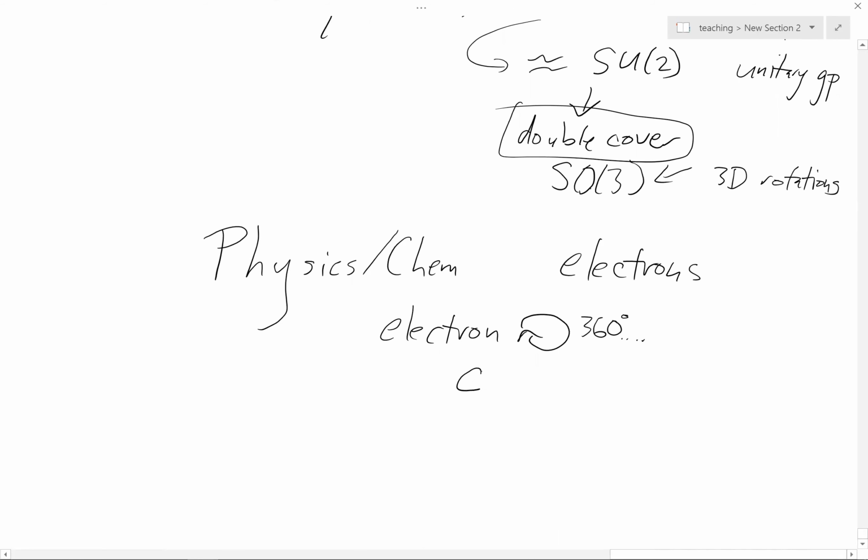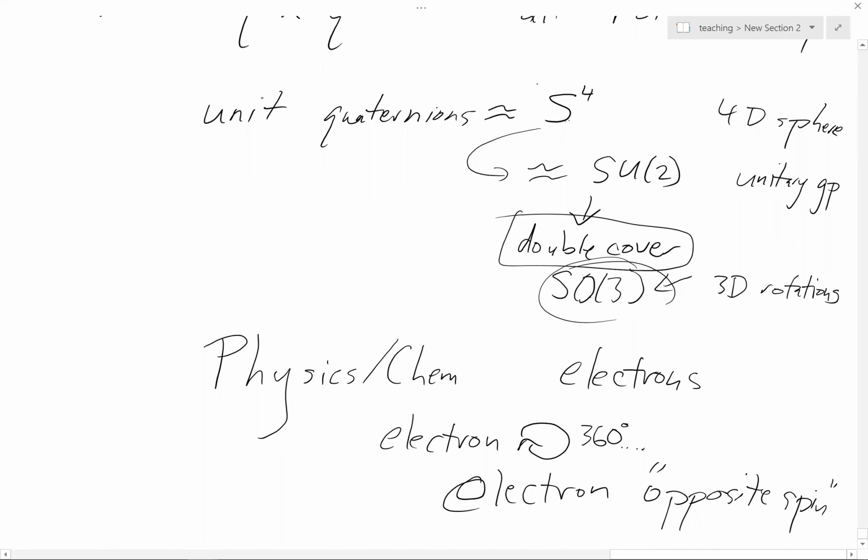The electron winds up having the opposite spin. And that's actually what's going on.